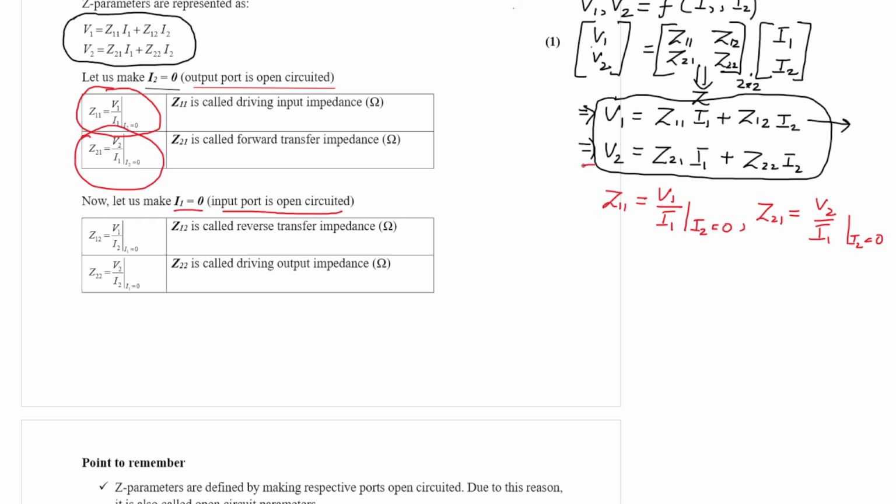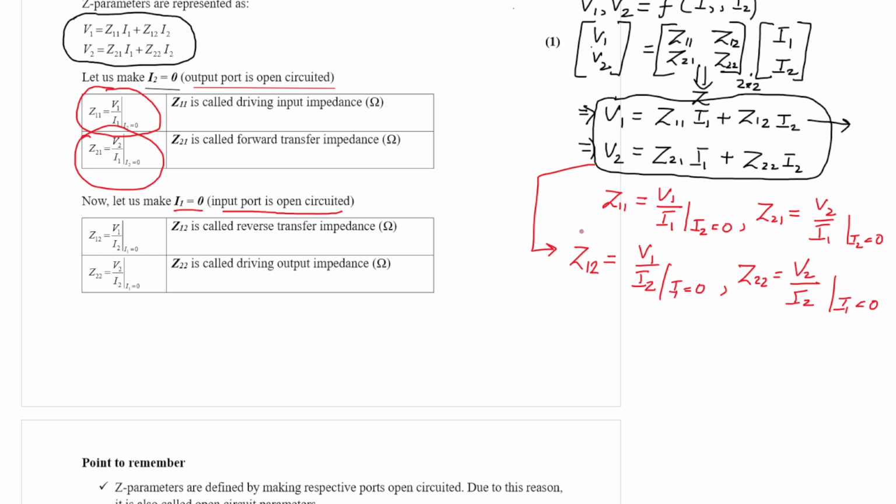So from both the equations, we will get Z12 is equal to V1 by I2 with I1 is equal to 0, and Z22 becomes V2 by I2 with I1 is equal to 0.